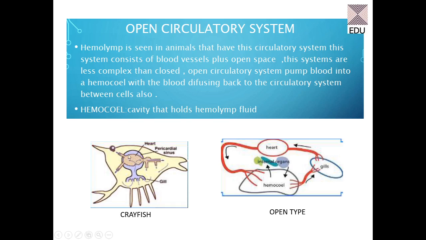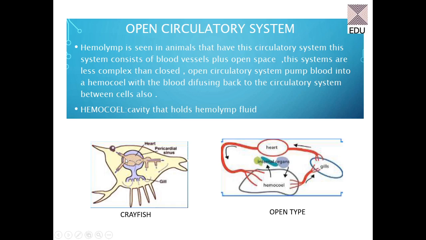Now, this heart pumps the blood towards the back side. It is not pumping the blood to the anterior side. It is pumping towards the posterior side, towards the upper side, and towards the anterior ventral side. There is no aorta as such towards the anterior side.